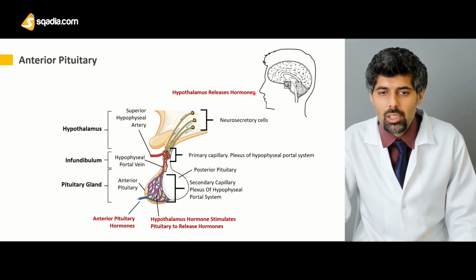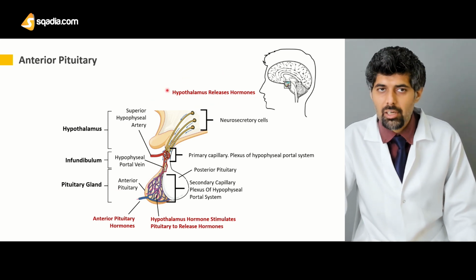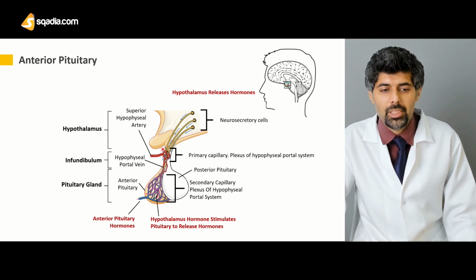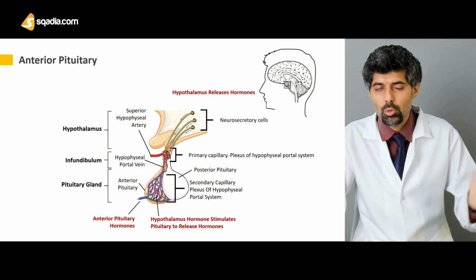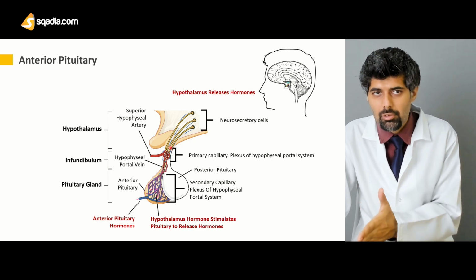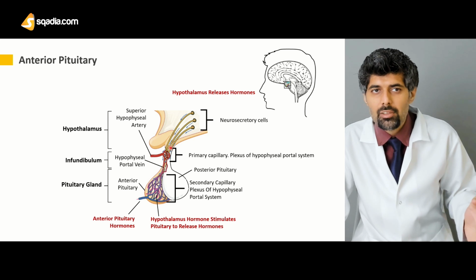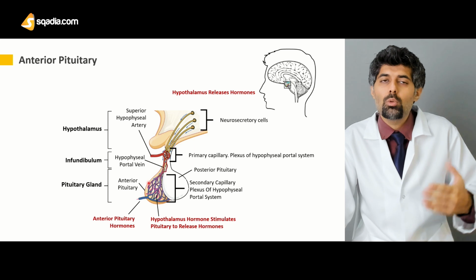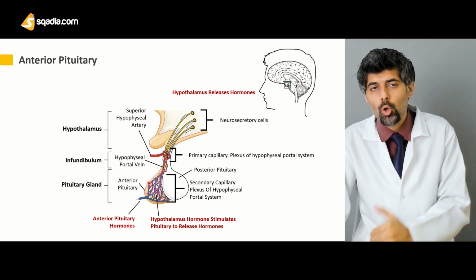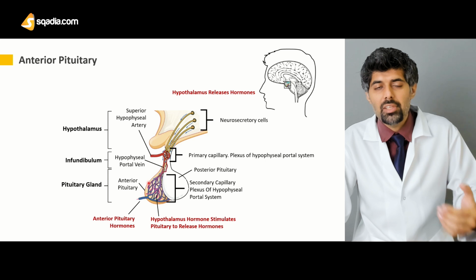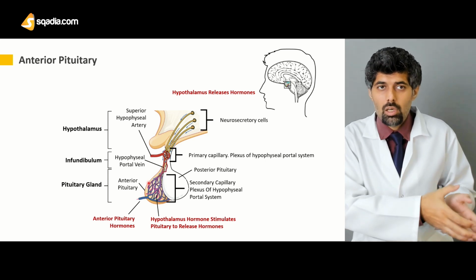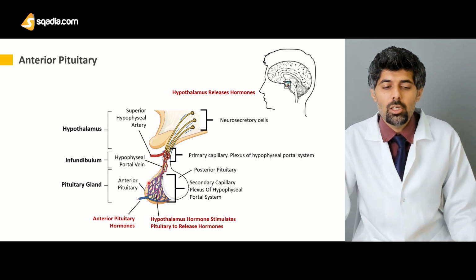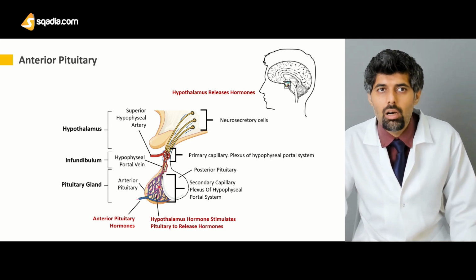So hypothalamus has an indirect influence on the anterior pituitary by affecting the release of both the releasing factors and inhibitory factors, and then these factors further influence the anterior pituitary into either increasing the production or decreasing the production, and then those hormones which are released, they are released collectively through the hypophyseal vein.